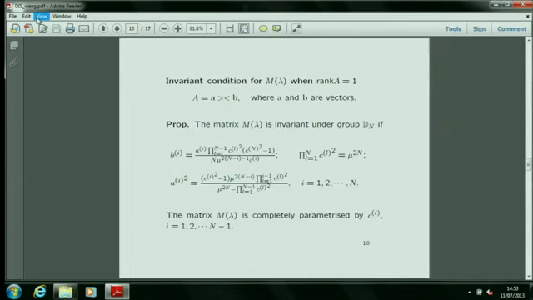If I make this assumption, then ai are the components of my vector a, and bi are the components of my vector b.